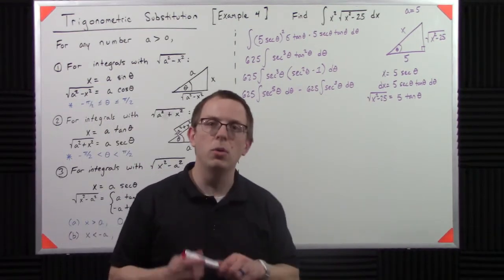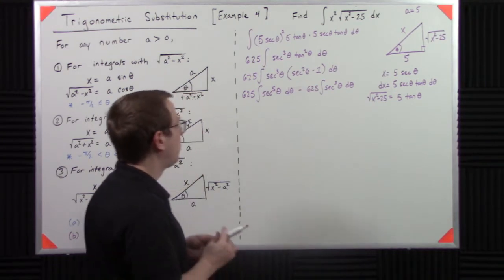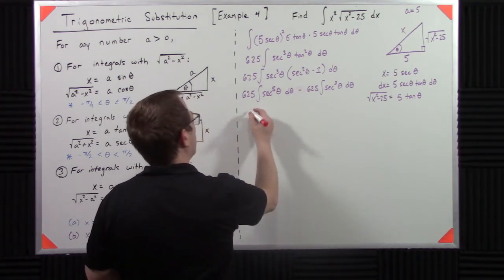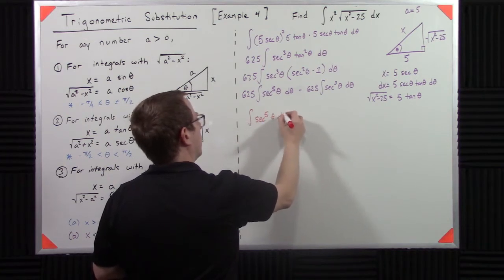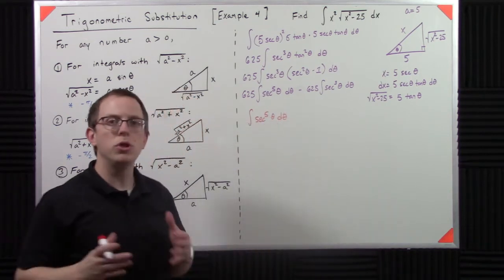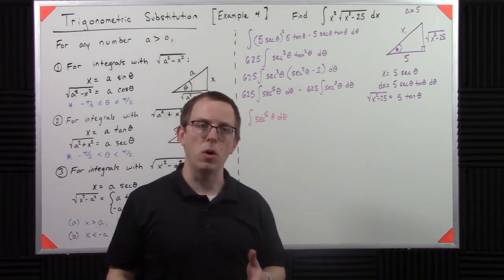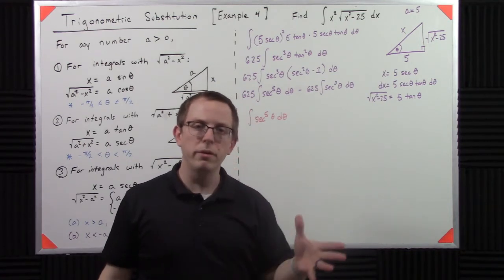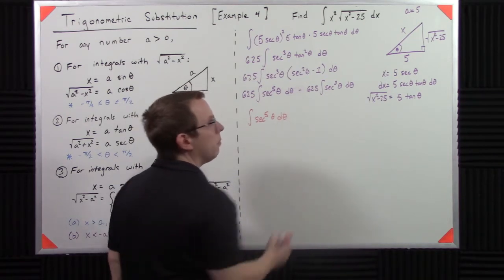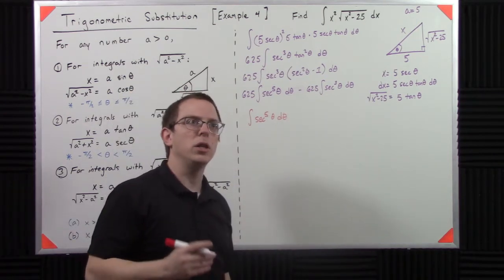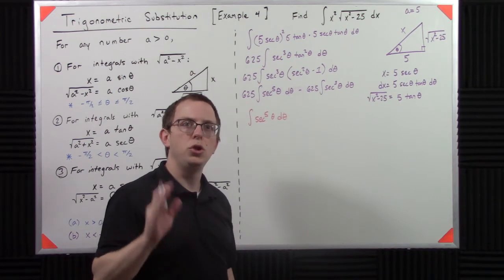So let's kind of go in an opposite direction. I'm going to take a red marker. If you're doing this, you're going to want to do an integration by parts. You're going to want to take two of those secants off.